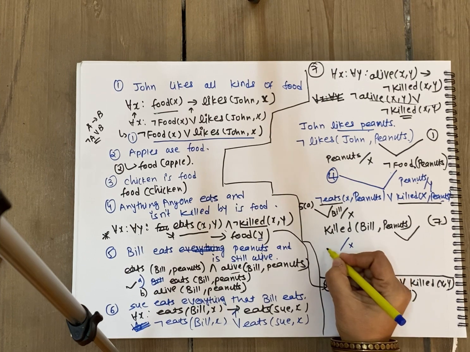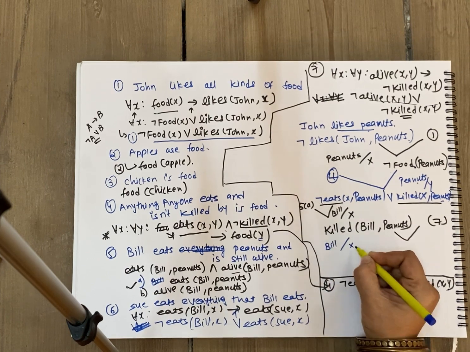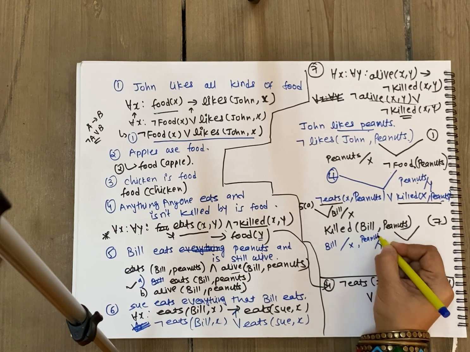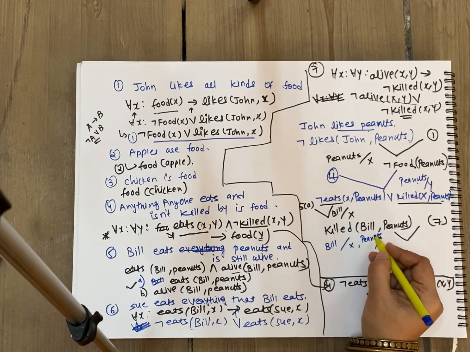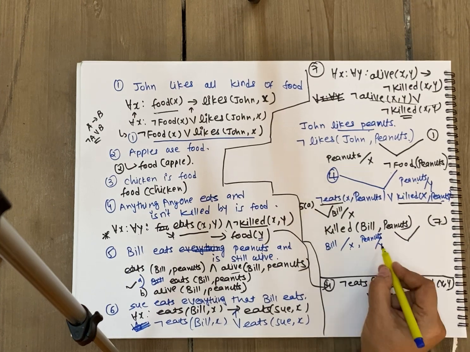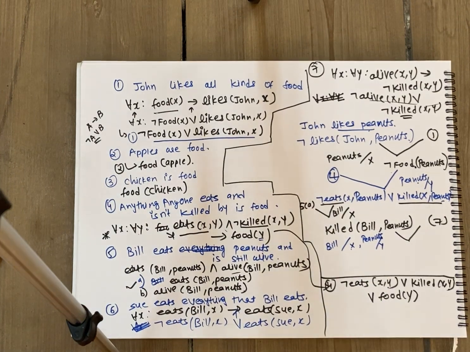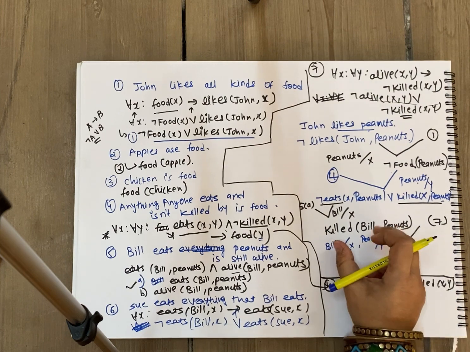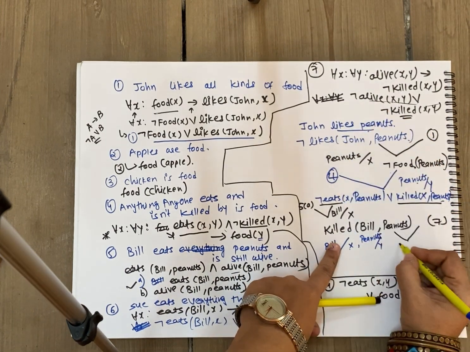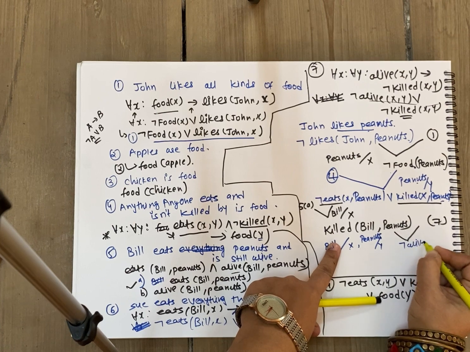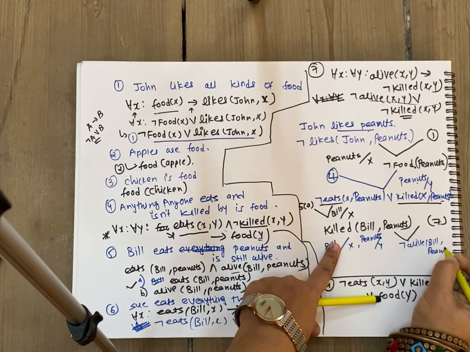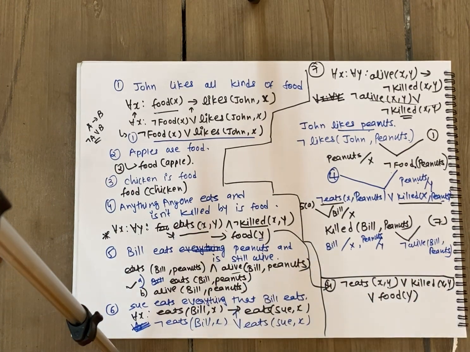So killed, bill, peanuts and 7 are unifiable only when x is replaced by bill and y is replaced by peanuts. Once it happens, killed and not killed will be cancelled out. What is remaining? Not alive, bill, comma, peanuts. Bill is not alive after eating peanuts.